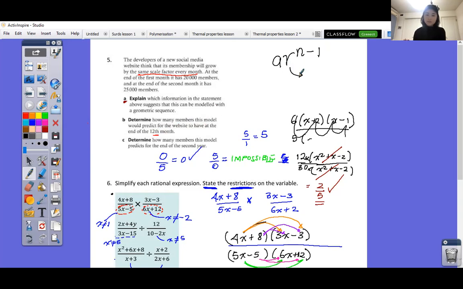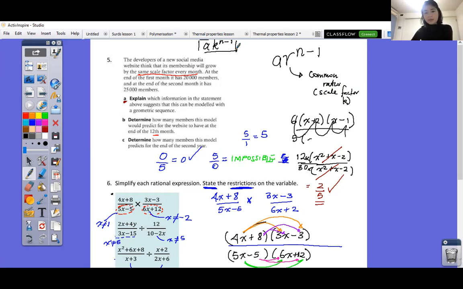So this here is your common ratio, so it will be K, sometimes known as K, or your scale factor. K, correct. So you can rewrite this as A K to the n minus 1. Not really, but it's easier to memorize. That's fine. Okay, good.